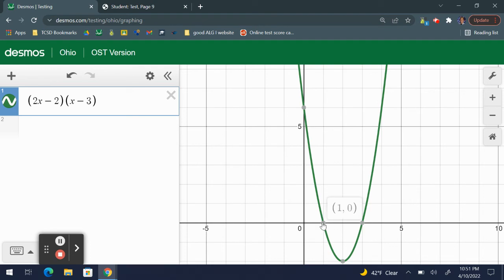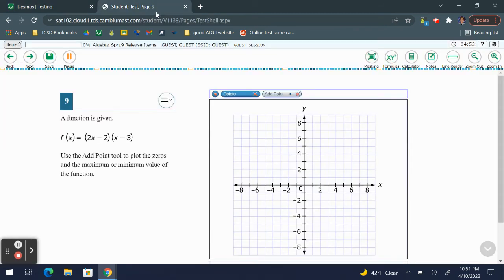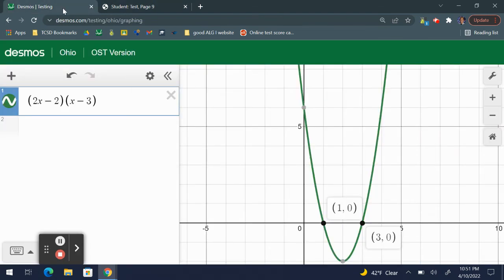So check it out. We need to plot 1, 0, and we need to plot 3, 0. So when we do that, we'll add a point at 1, 0, and 3, 0. The other point they want us to plot is that minimum point, which is right 2, and then down 1.